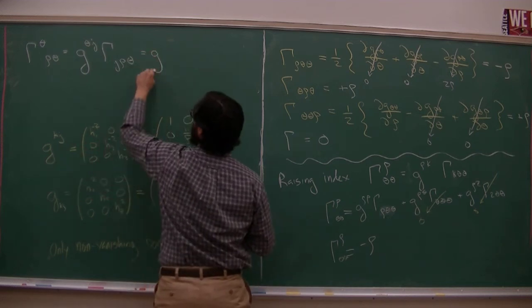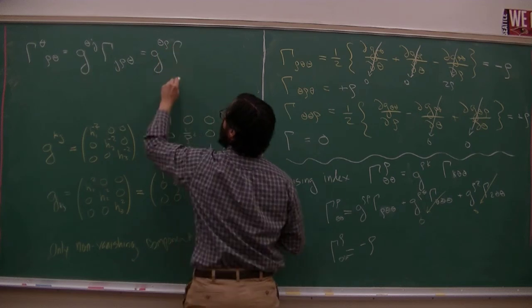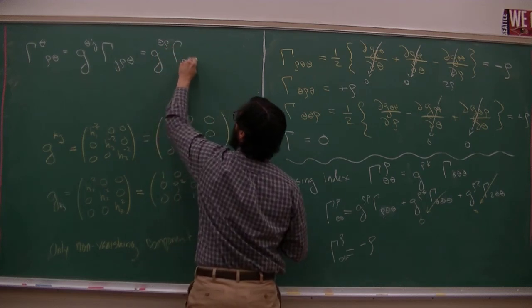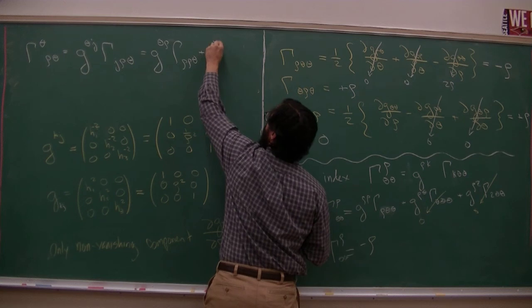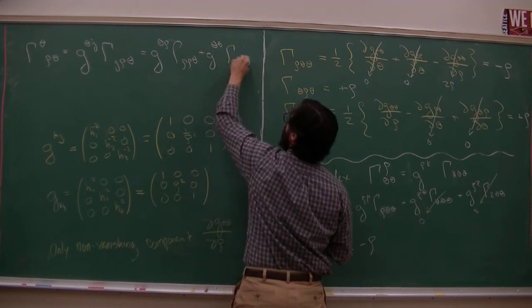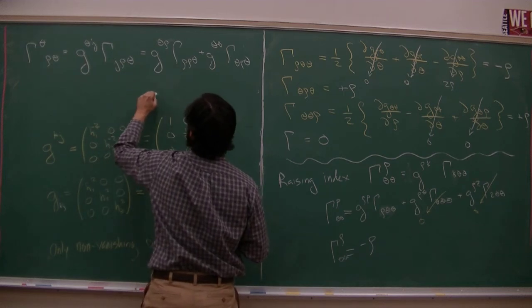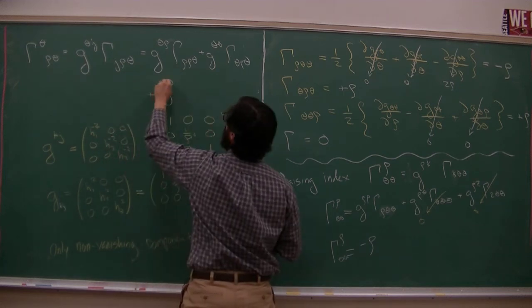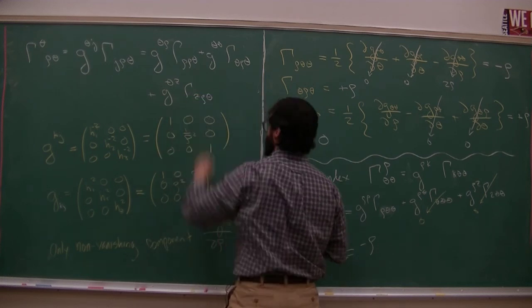And so that's g theta rho gamma rho rho theta plus g theta theta gamma theta rho theta. That's the thing that exists. And then finally plus g theta z gamma z rho theta.